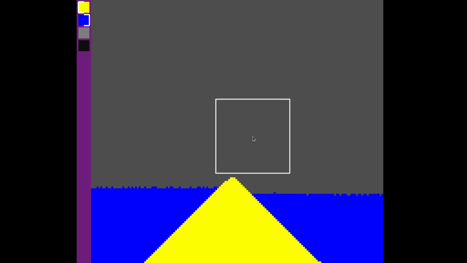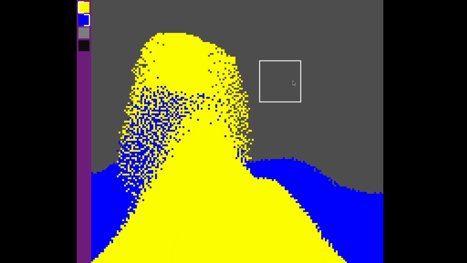Anyway, yeah. The only thing that's actually changed since the last update is just the brush size and it actually displaying.